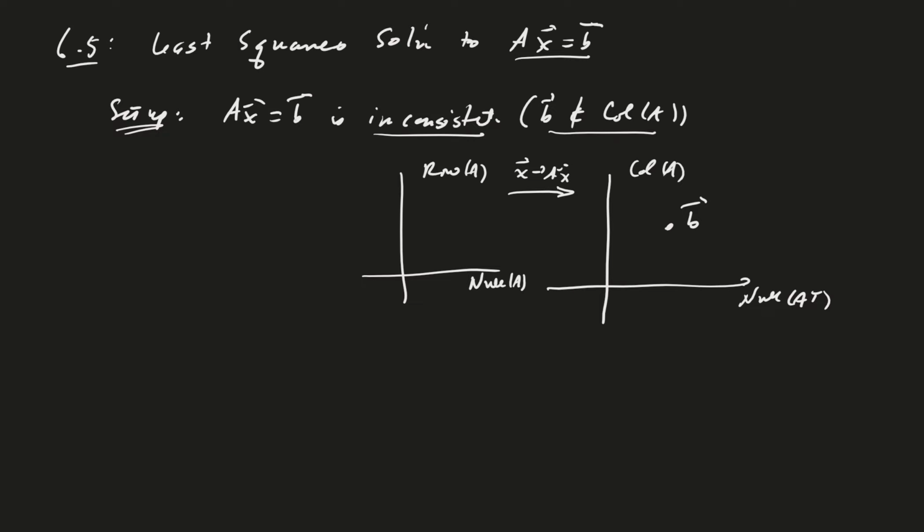Okay, so the way we want to work this then is we want to find the best approximate solution, and so we need to try to figure out what best is going to be.